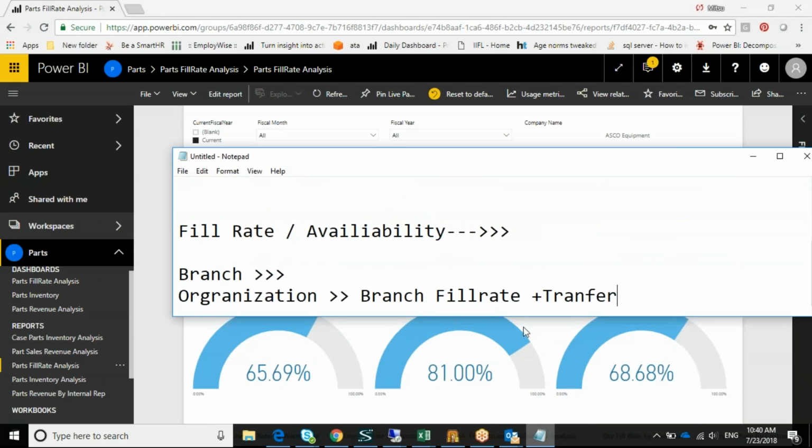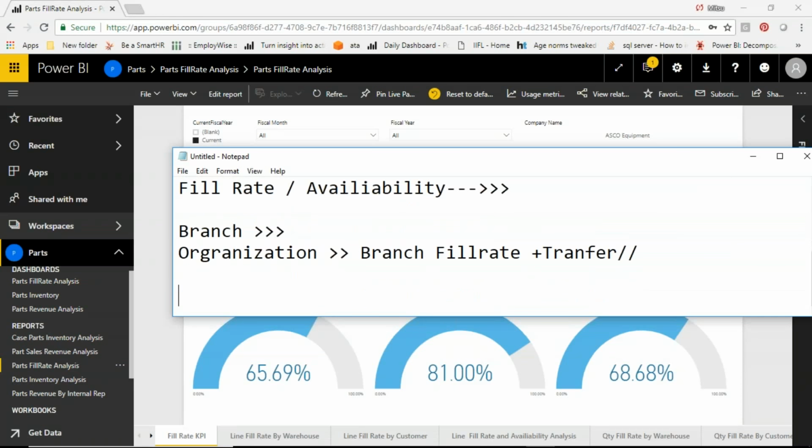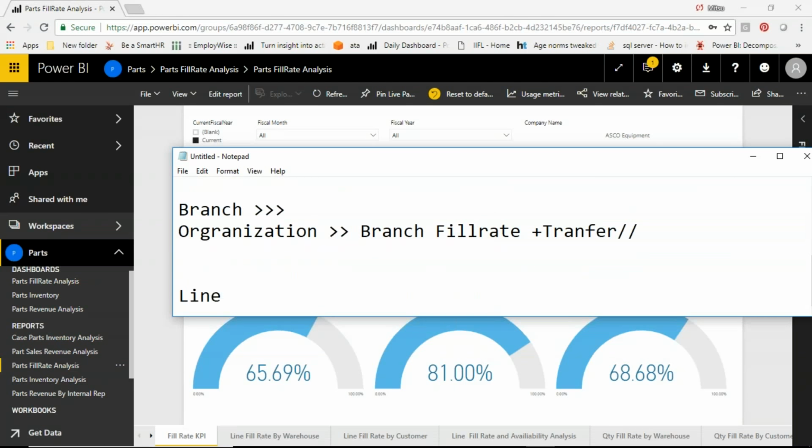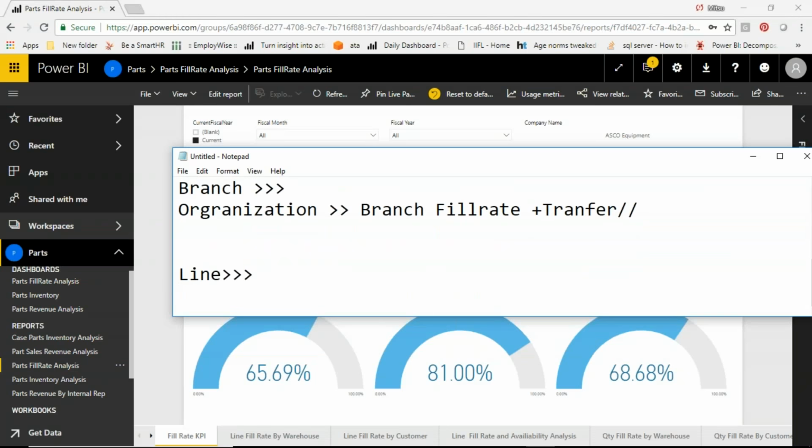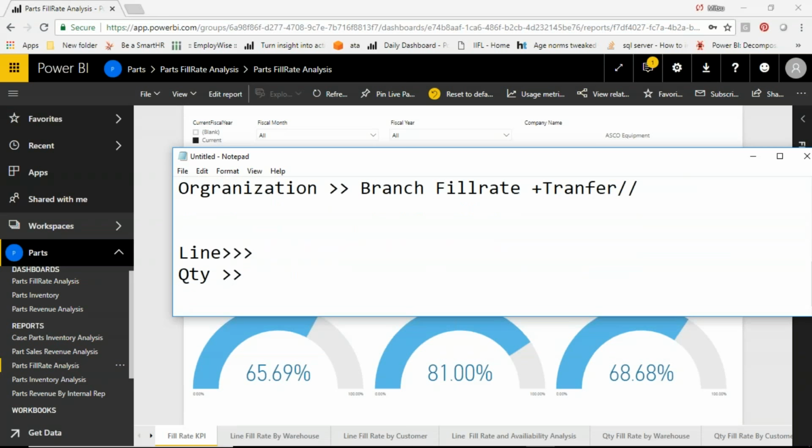Again, there is one more perspective to it. You look at it based on the lines you fulfilled, and you look at it based on the quantity you fulfilled. So somebody ordered 10 quantities of a part, and you could fulfill 8 of them. So your quantity fill rate is great, it's 80%.